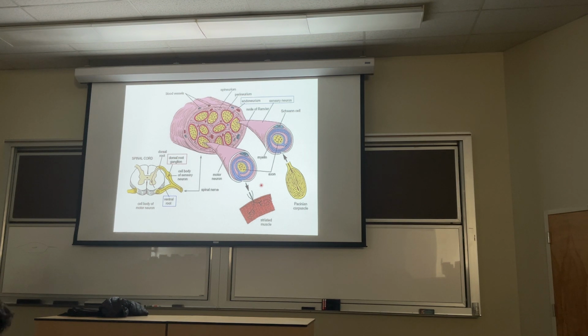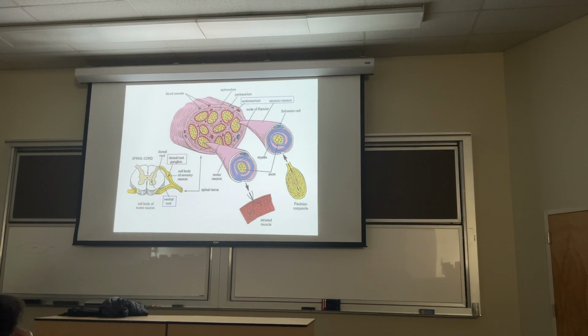Just like in muscle, the nerves have connective tissue around them. The outermost connective tissue layer around the nerve is called the epineurium. This is analogous to around the muscle, it's called the epimysium. Then we have bundles of nerve fibers.